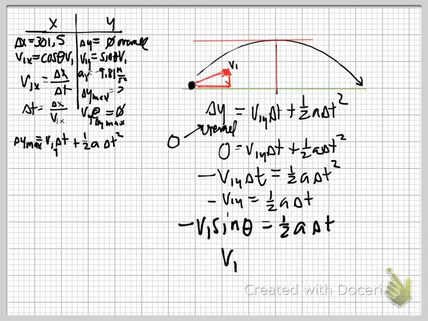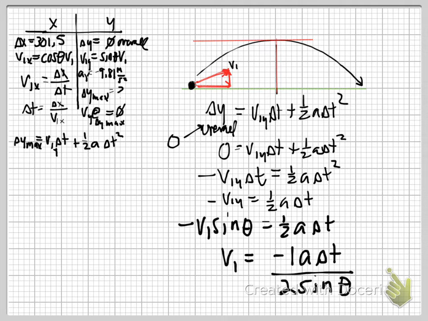So now vi equals negative 1, because I took that negative sign and made it a negative 1 and moved it to the other side. Negative 1 a delta t over 2 sine theta. Okay, so I now have an expression for vi. There's just one problem. I still have a delta t in there.